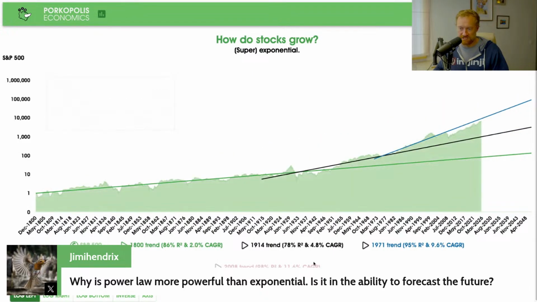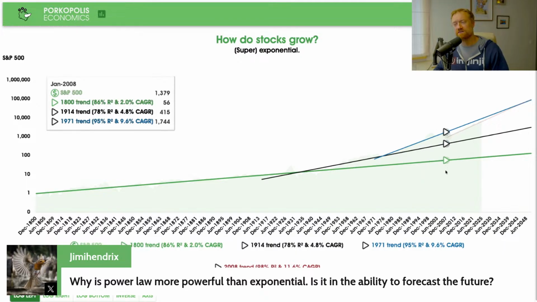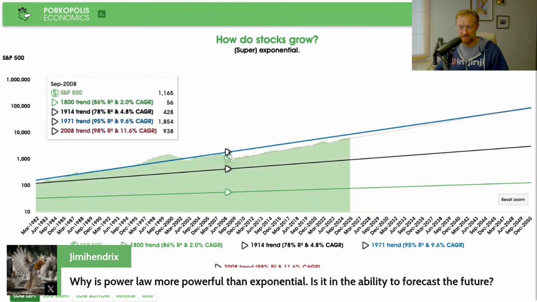And then from the GFC, I have this one, which grows faster, and starts below the last one, because, I mean, I picked the date, but for sure 2008 was a paradigm shift. There was a lot more money printing. Everything changed about the nature of a crisis and what the government would do to react to a crisis.